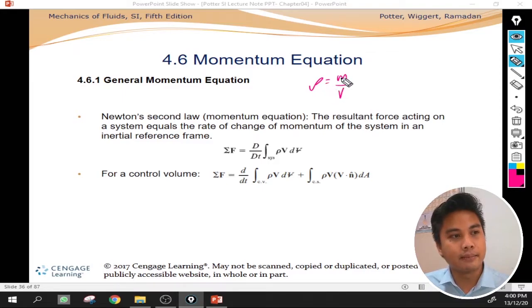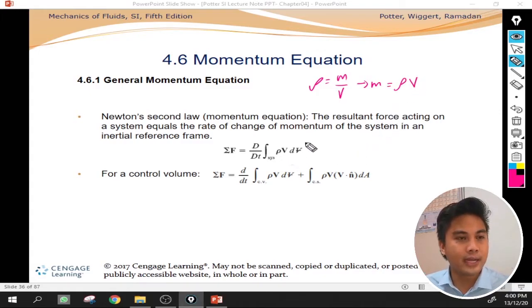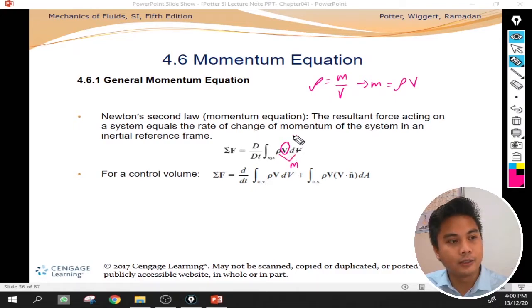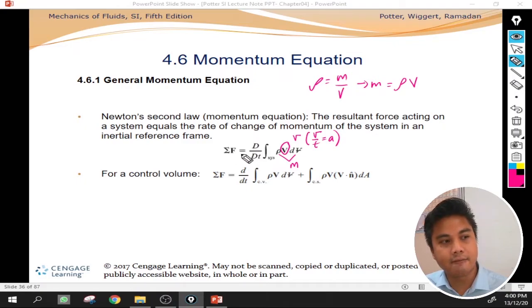In order to get the mass, mass equal to density times volume. This is density, this is volume. This reflects to mass and this reflects to velocity. Velocity divided by time is acceleration. This is actually velocity over time, which is acceleration. So we can say that F equal to mass times acceleration.